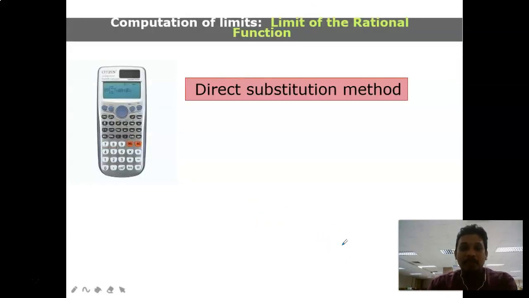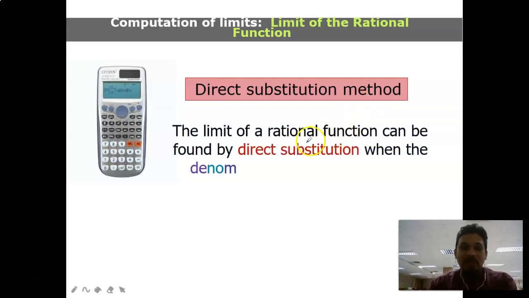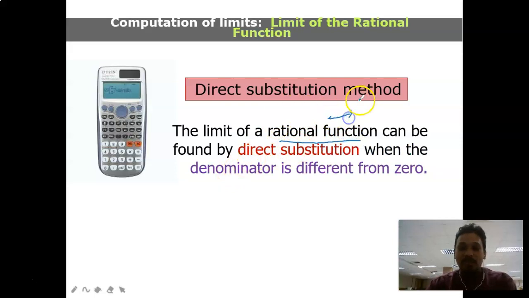Direct substitution method: the limit of a rational function. Rational means that it is something you call f(x) divided by g(x).